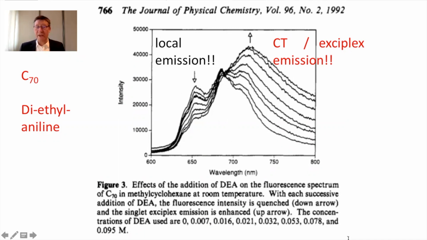And then if you add a higher and higher concentration of the donor, you see this red-shifted structureless band arise. So it tells you there's charge separation. This charge transfer state, it can emit, it gives a radiative process, it gives off emission, and it tells you something about the system. It gives you information.